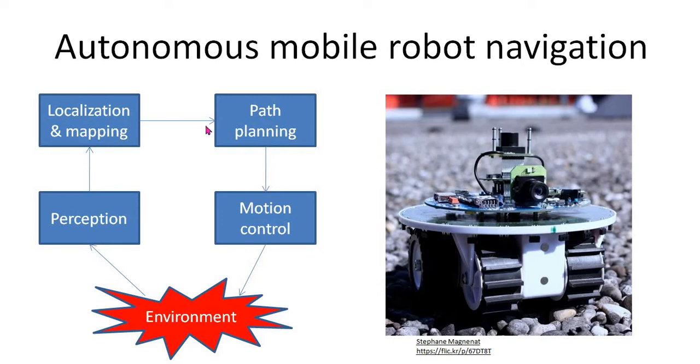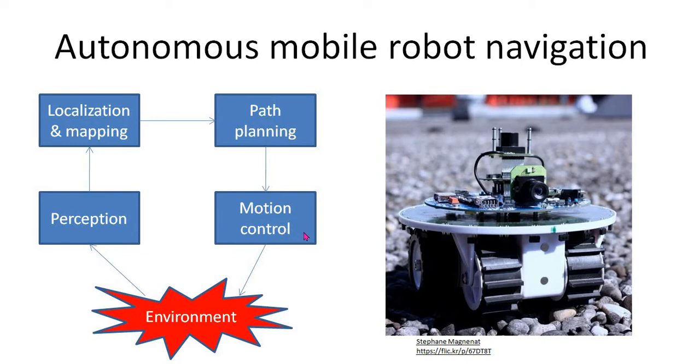Path planning is a process of making paths to the destination from the start position, avoiding obstacles, or meeting some other criteria to minimize energy or time. Then comes motion control.